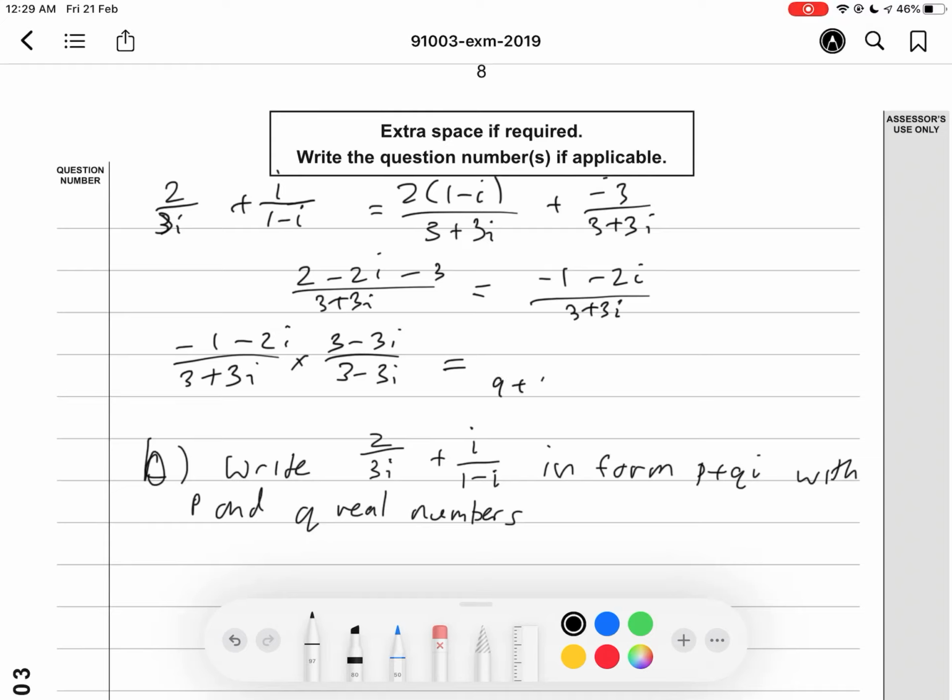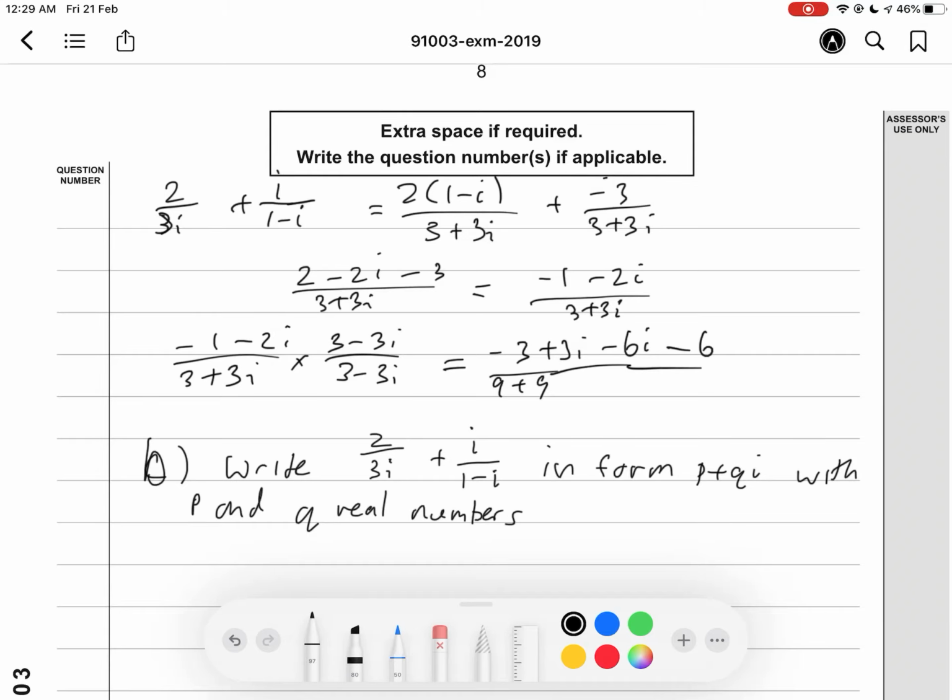This equals 9 plus 9 over... The numerator is negative 3, sorry, that's negative 3, negative 3 plus 3i, minus 6i, plus 6i squared. Since i squared is negative 1, so minus 6.